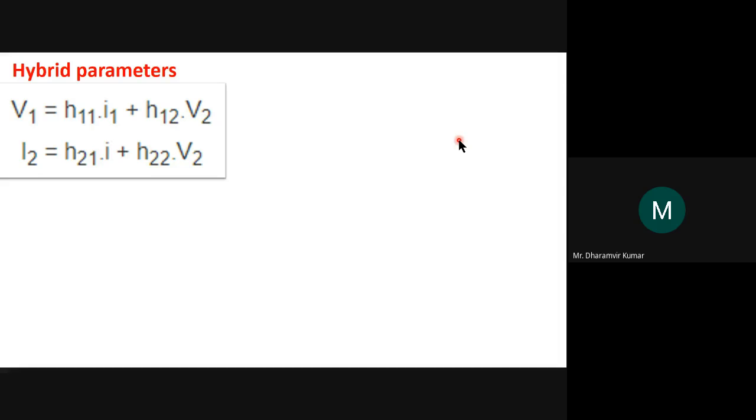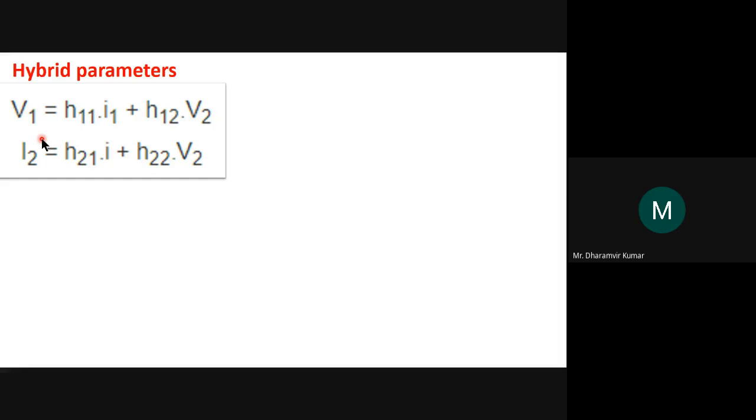If you know one set of modeling, then you can easily convert those parameters into the other. There is a possible conversion between hybrid parameters and re model parameters, and vice versa. They are interchangeable in the sense that they are related to each other, and if you know that relation, you can change from one modeling style to another.